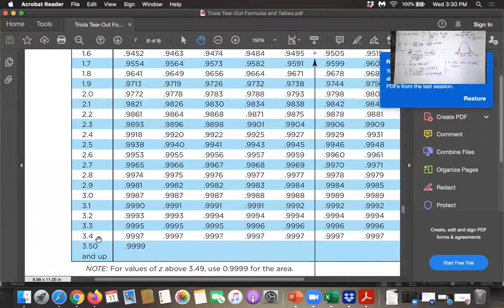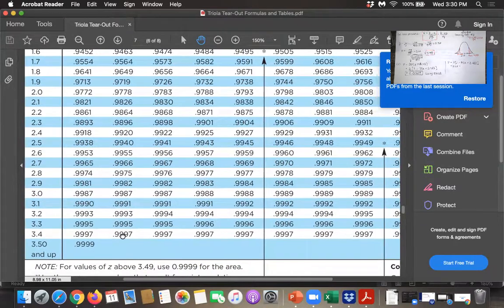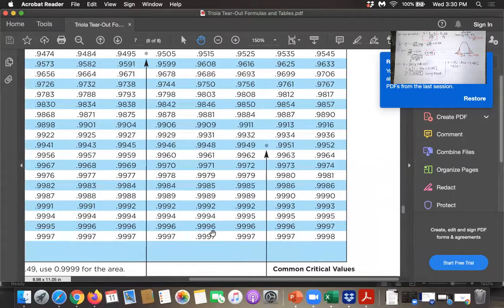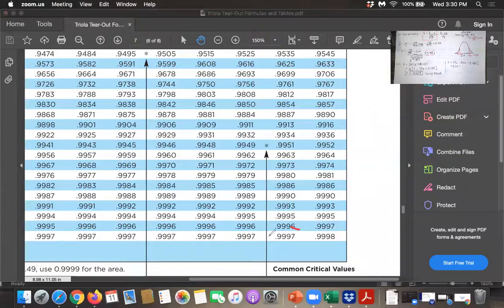Well, here's 3.4. This is 3.40, 3.41, 3.42, 3.43, 3.44, 3.45, 3.46, 3.47, 3.48. So you get that right there, 0.9997 as the area to the left of z equals 3.48.